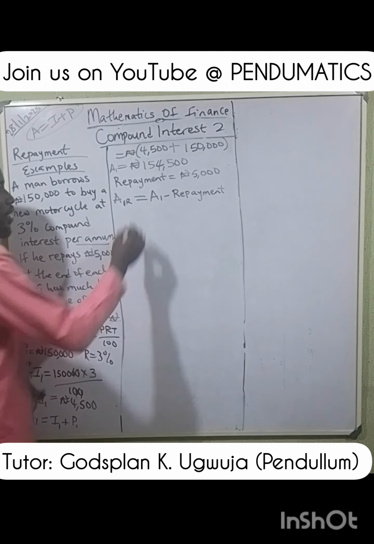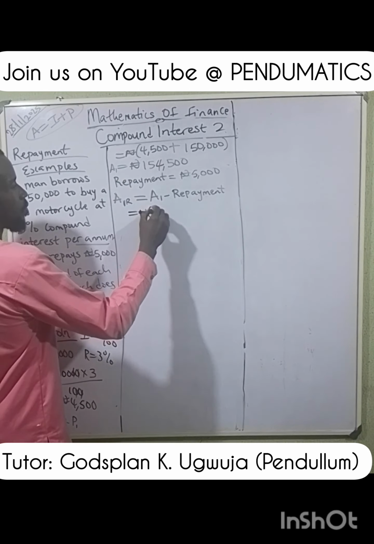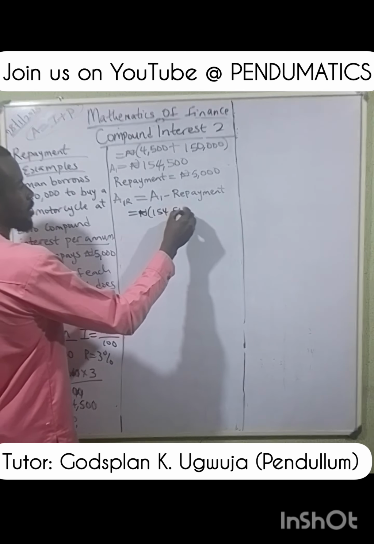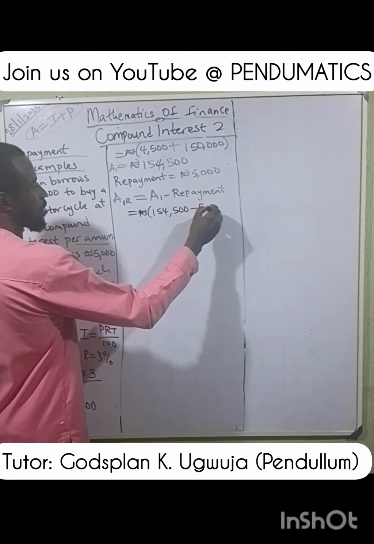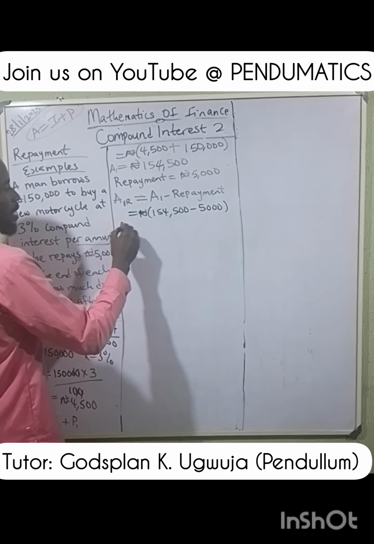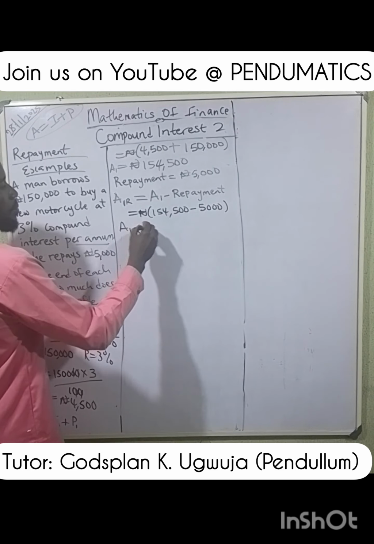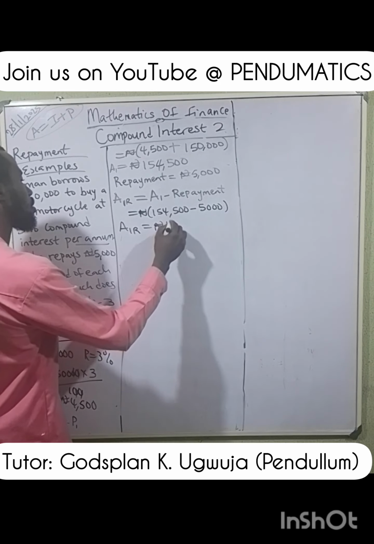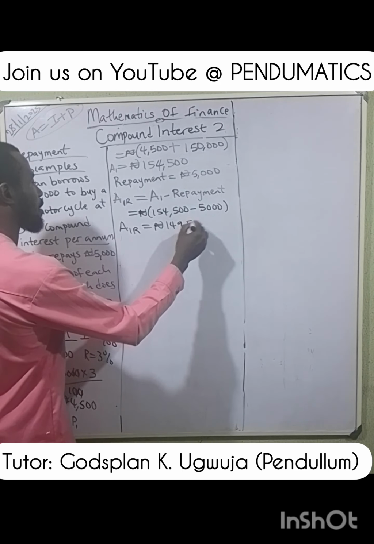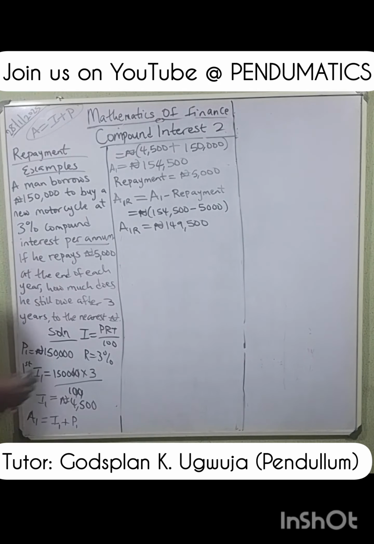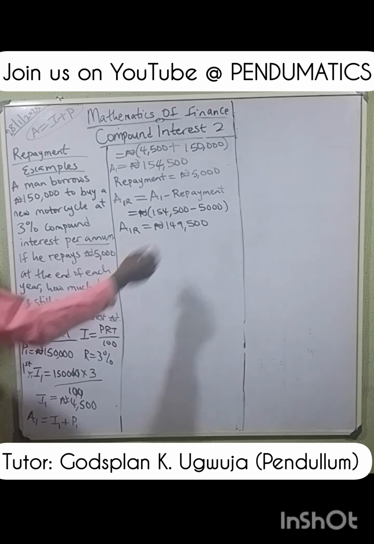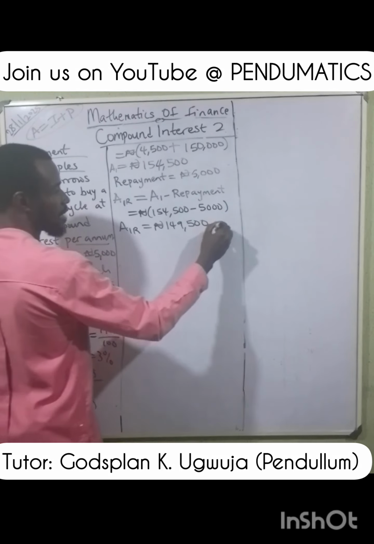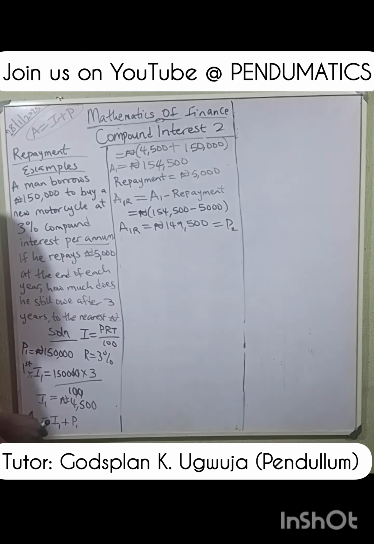So now how much will he be owing? That will be 154,500 minus 5,000. So the amount at the end of year 1 after repayment will now be 149,500.